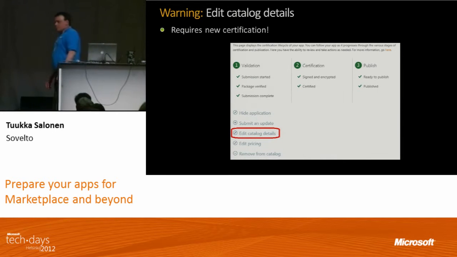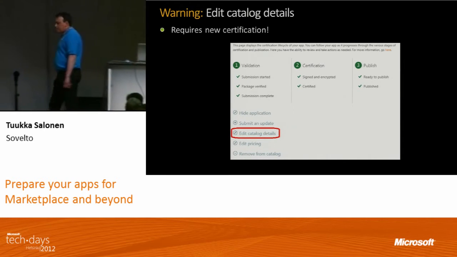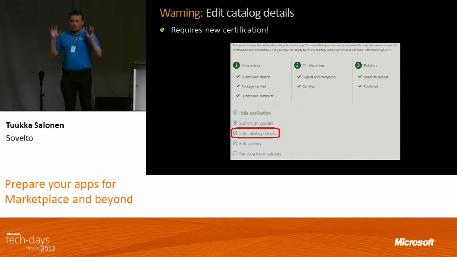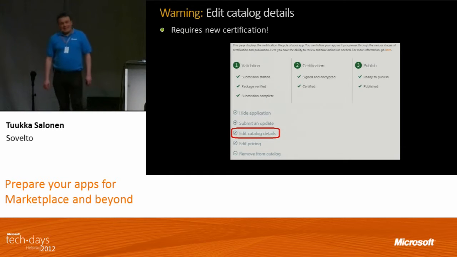Warning. Warning. Let's say that your application is published, is in Windows Marketplace, everywhere. And then you want to make just a small change to the description, one letter. You have to recertify it. I mean, the smallest change is always recertification.